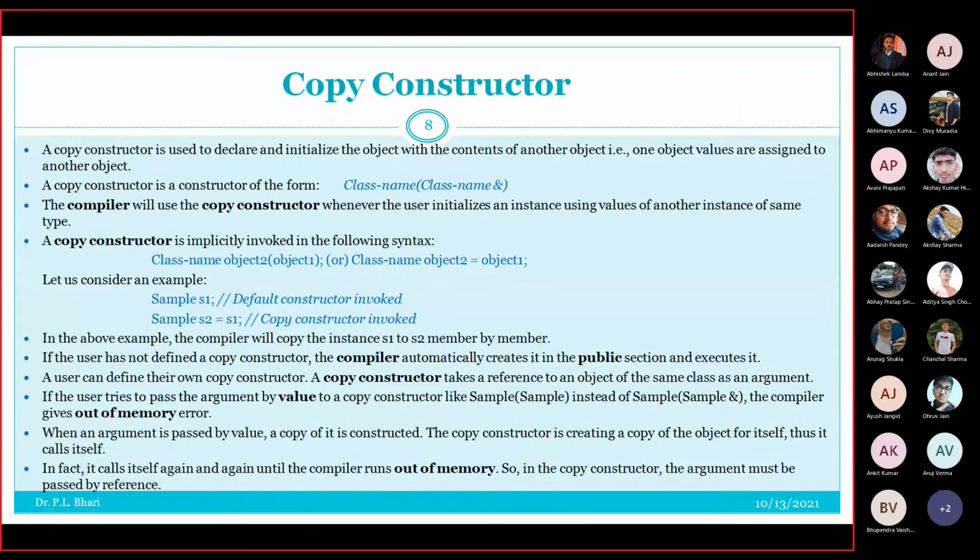Suppose there are two objects of a class ABC, objects P and Q. Whenever you want to copy one object to another object, you can do it easily by using the copy constructor.